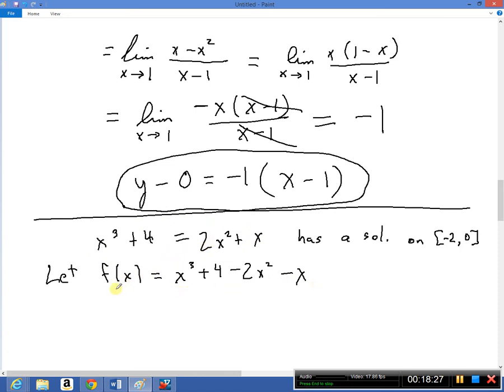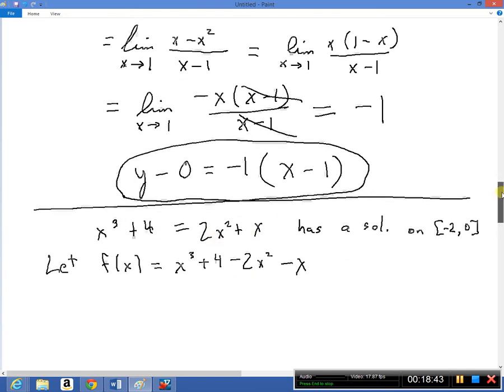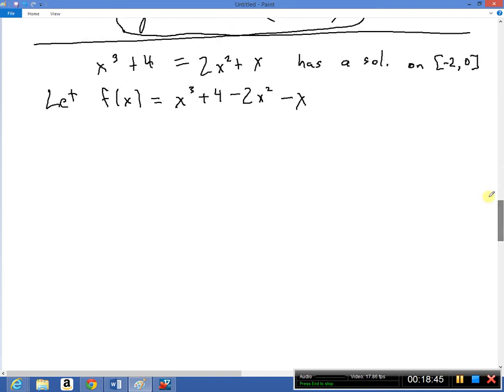Find a place where f of x is equal to 0. Because if I can do that, then that says x cubed plus 4 minus 2x squared minus x is 0 at some point. Then, since it's equal to 0, I can throw these guys to the right and get exactly this equation, and I have found a solution. So I've transformed the problem into one of finding a 0 for that function.